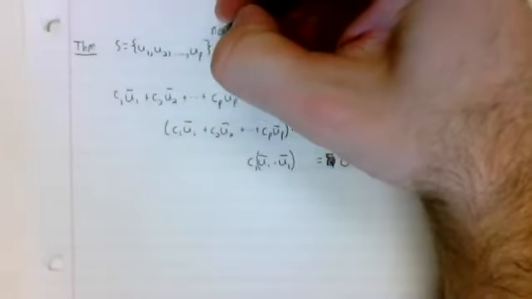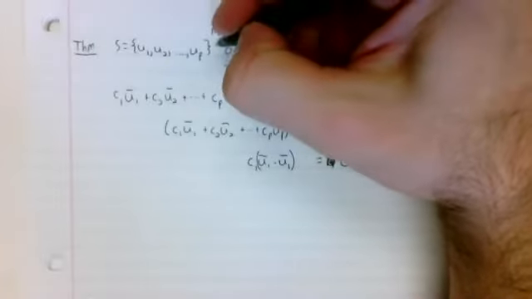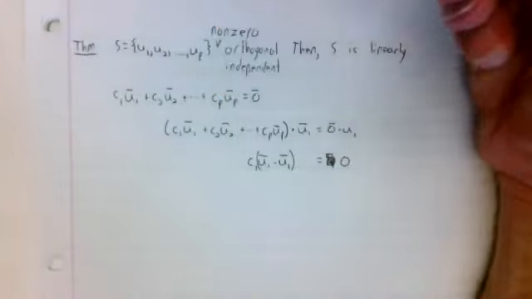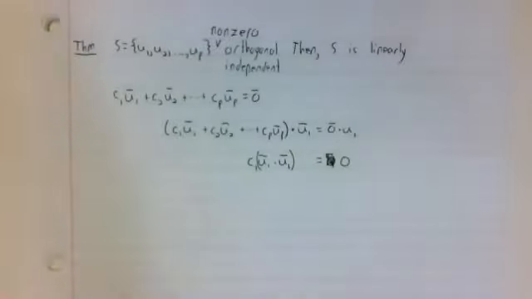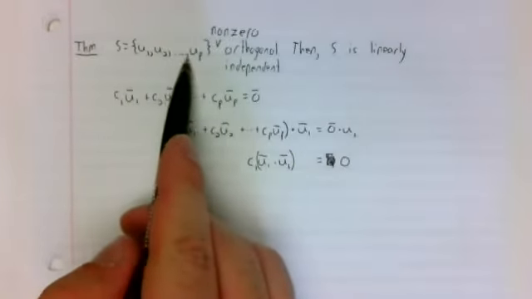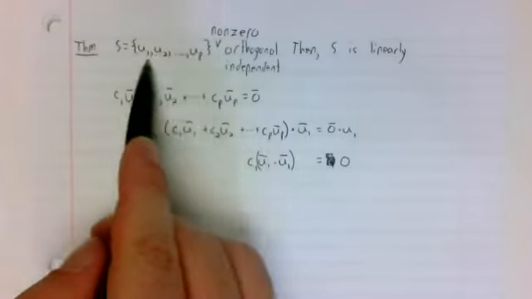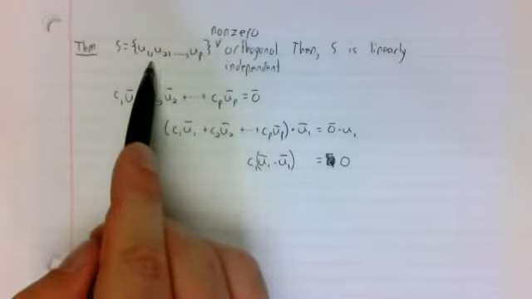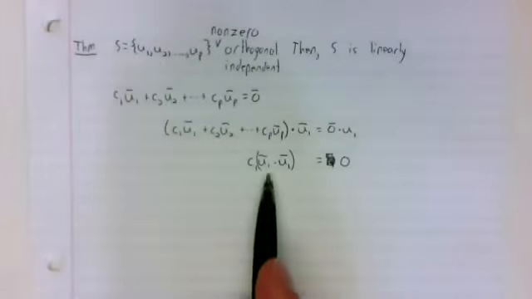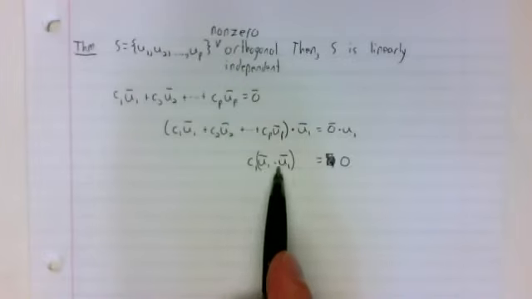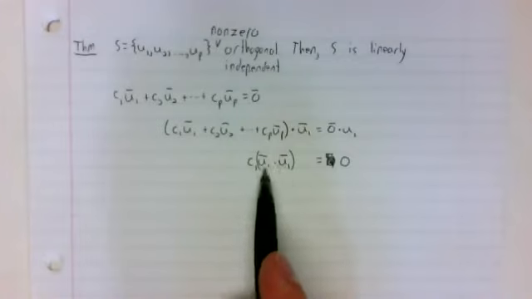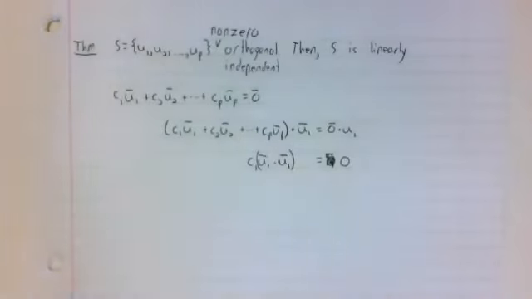We are assuming, and we shouldn't assume, we should write everything down properly, that these vectors are not the 0 vector. And only the 0 vector can be dotted with itself to give 0.